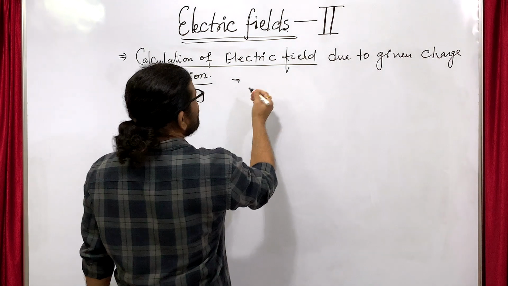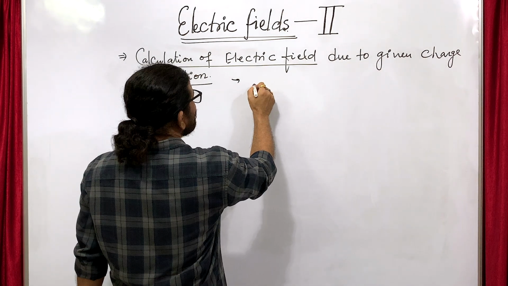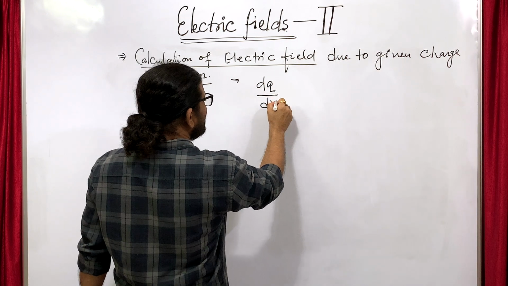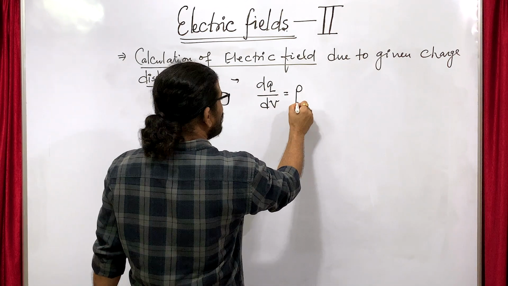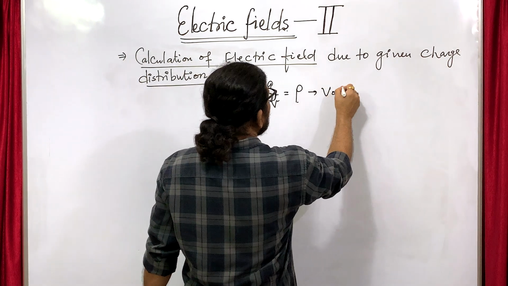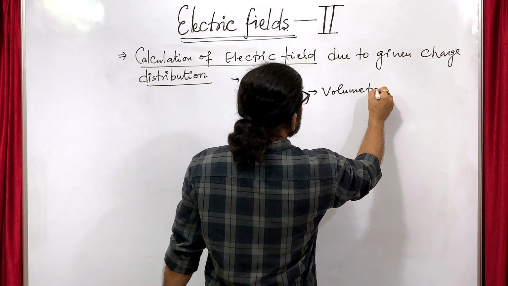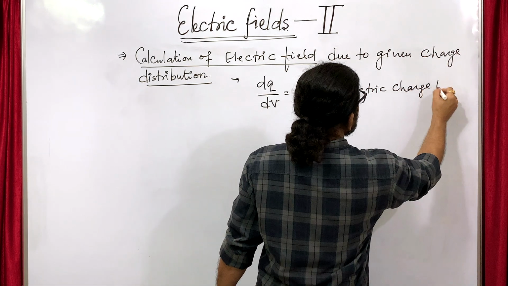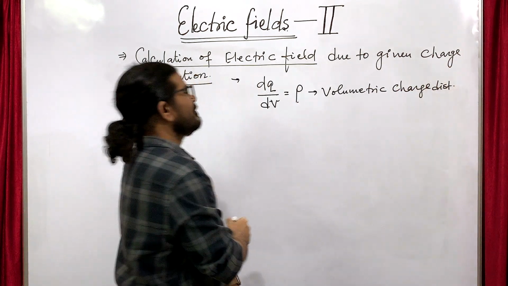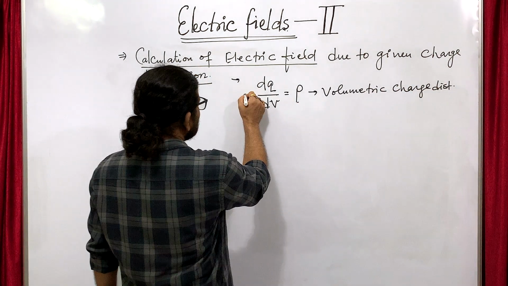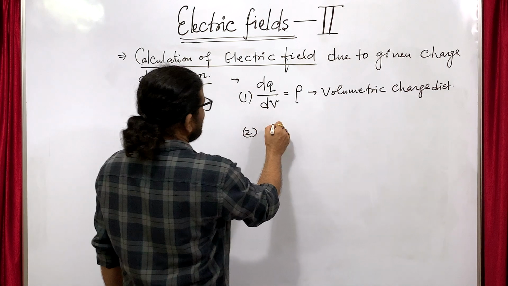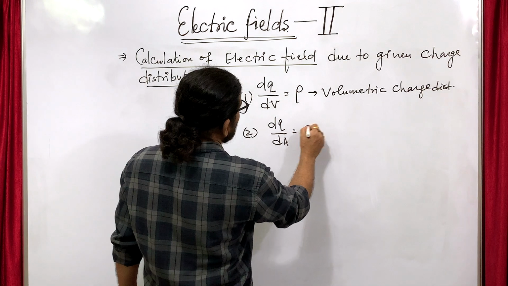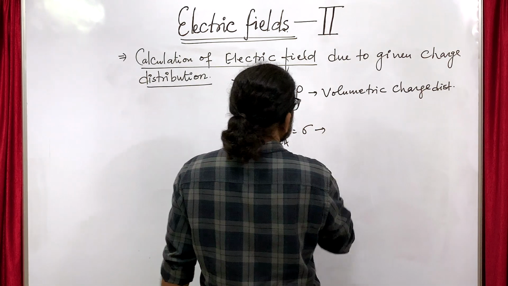There are three types of distributions. If we take dq upon dV, we can write this as rho. This is volumetric charge distribution. The second distribution we are going to discuss is dq divided by dA, which we call the surface density of charge.